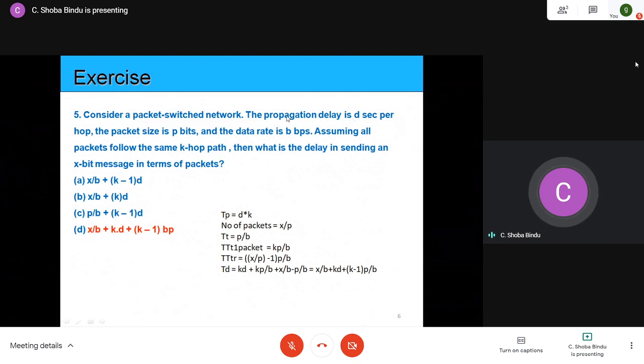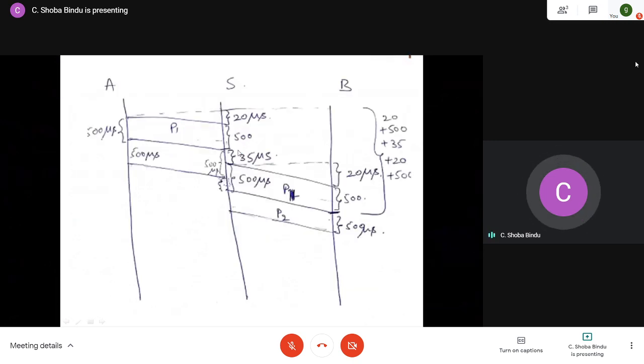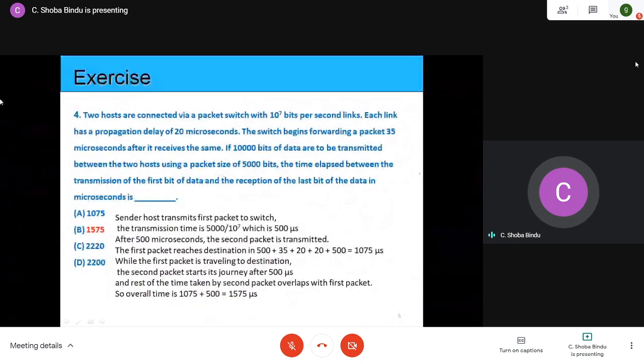But in that question, the propagation delay is D seconds per hop, that is given. For every hop, it is D seconds. How many hops are there? K hops are there. So to reach the destination over these K hops, it requires D into K. That is the propagation delay. So you should not get confused. You need to check what is given in the question, and then you have to get the answers for this, right?